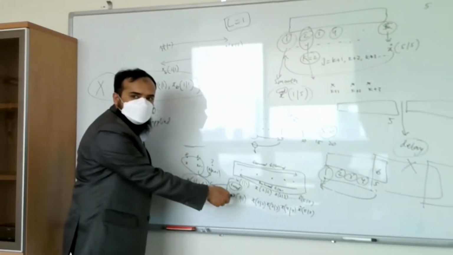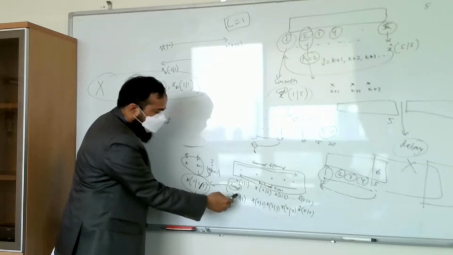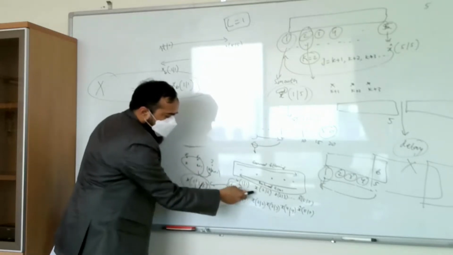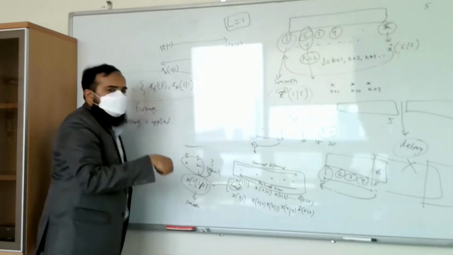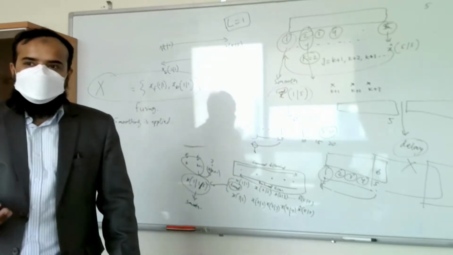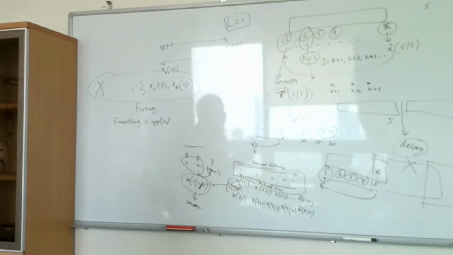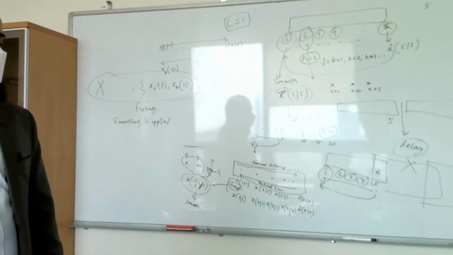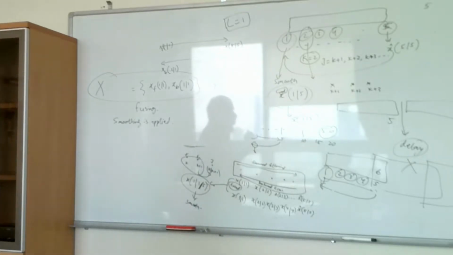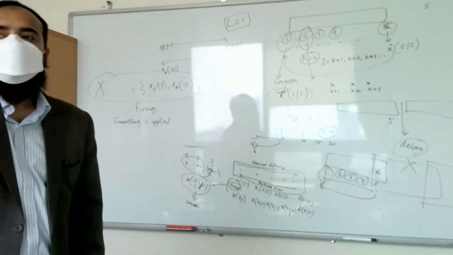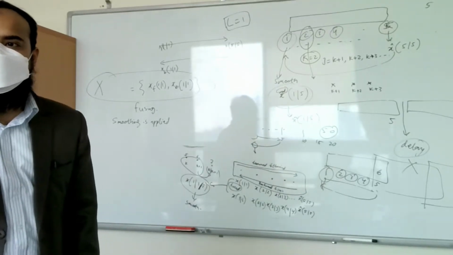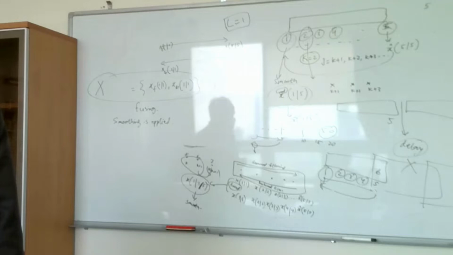It takes time. So due to this delay, we cannot use this type of problem in real-time applications. But in some applications which can tolerate some delay, we can apply the smoothing.